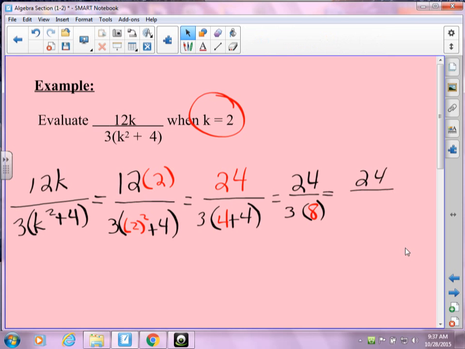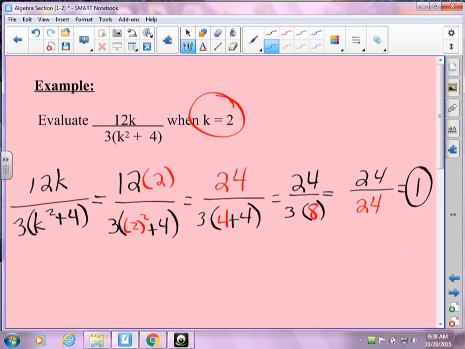Okay, and then 3 times 8 is 24. And then, am I done? No, I can go further. What can I do? Yes. That's correct. 24 divided by 24 is 1. And I'm done. So you try to take it as far as you possibly can.